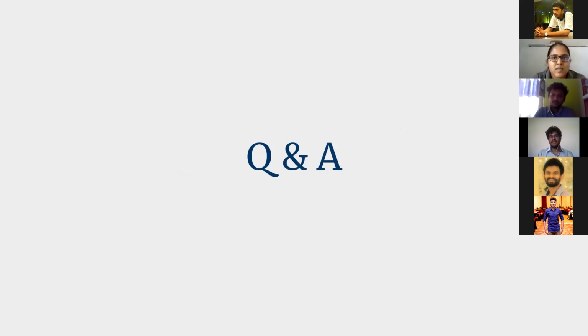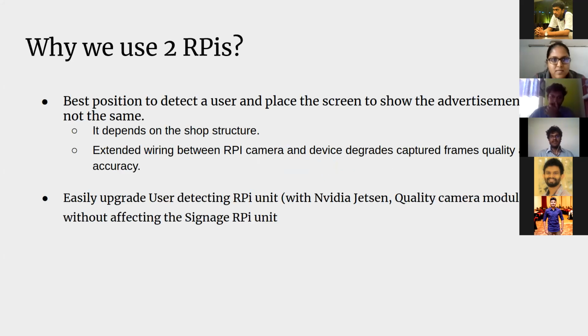Right, one for the display and one for the learning part. Yes, exactly, sir. And we have some reasons behind separating it. When we think about the best position to detect users and the best position to place the screen for the advertisement, they are not the same.